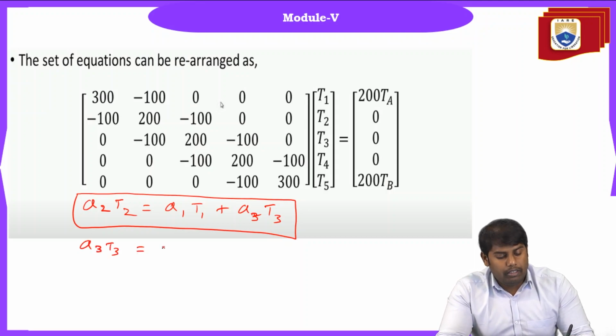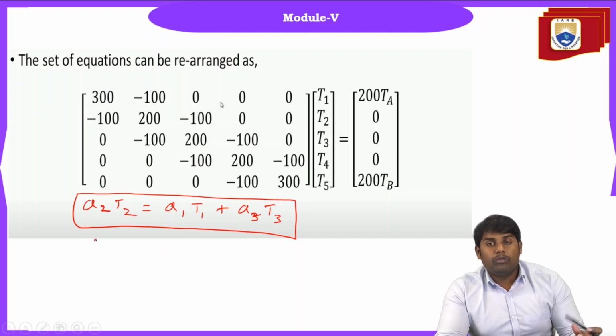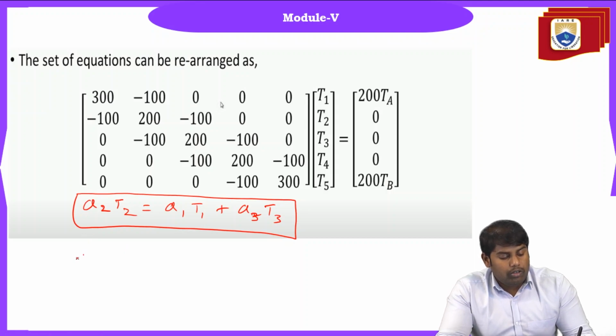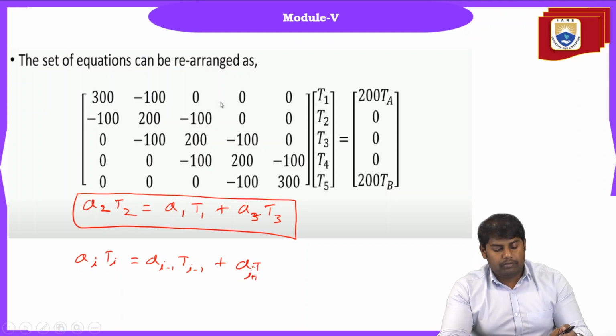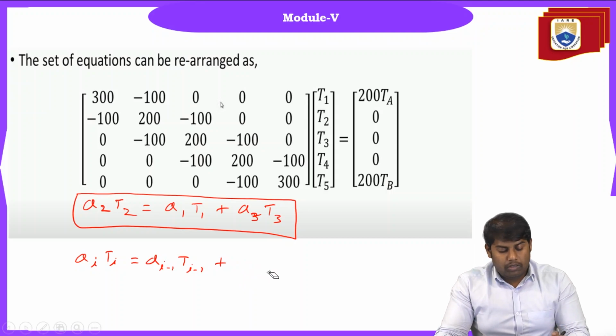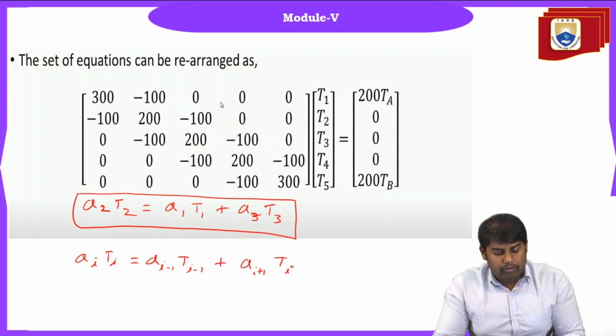If we give it in terms of index notation, this is A of i, Ti, which is equal to A of i minus 1, T of i minus 1, plus A of i plus 1, T of i plus 1.